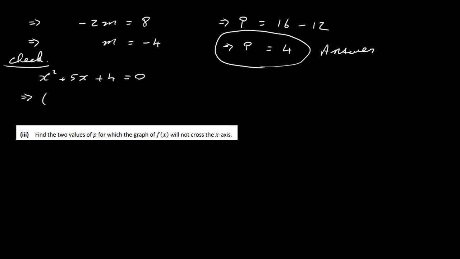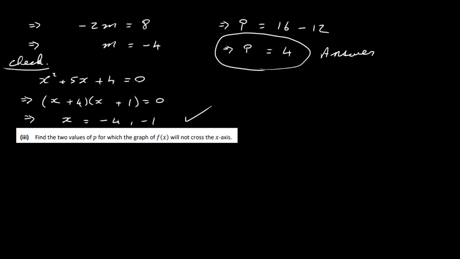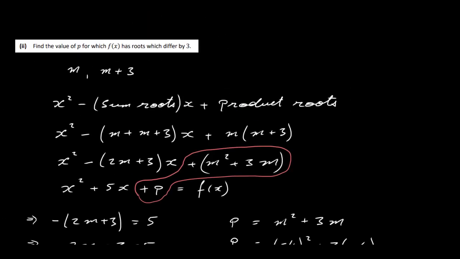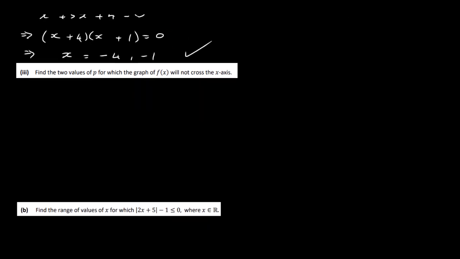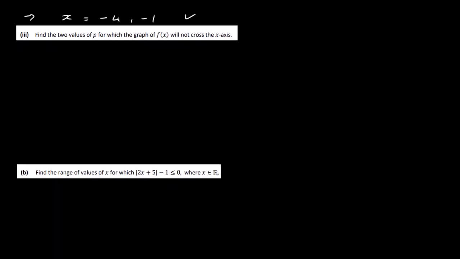So let's see, this will give us x being equal to minus 4 and minus 1. Well, that'll work. Minus 4 and minus 1 do differ by 3, which is what we were asked to do up here. The two roots have to differ by 3. Minus 4 and minus 1 differ by 3.